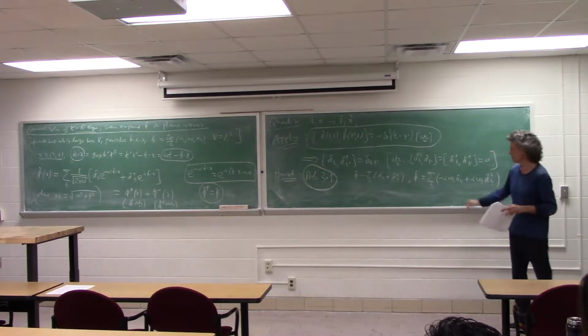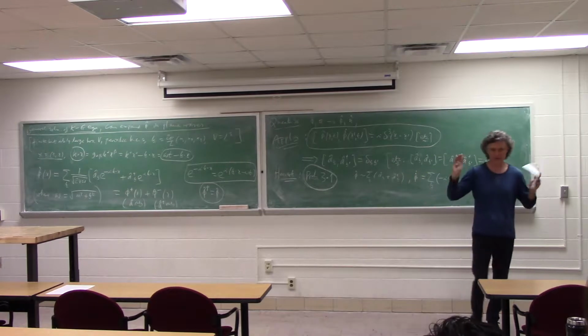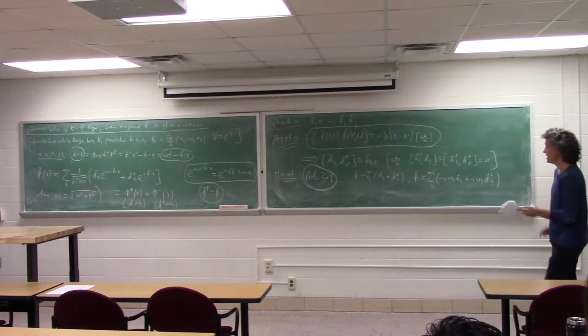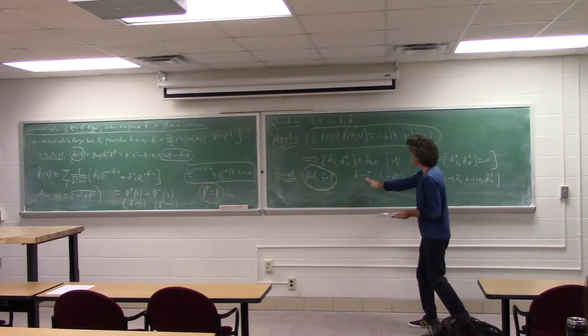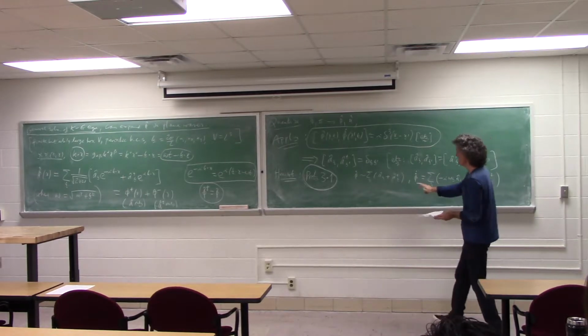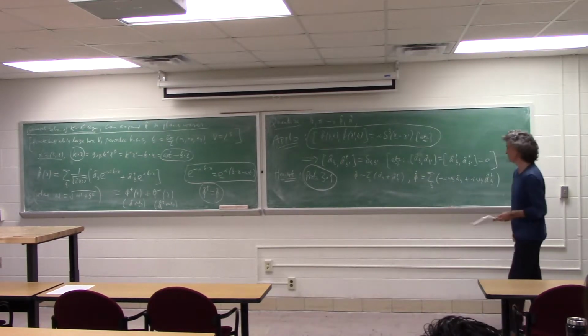You understand that there are factors in front and the exponential; I'm just giving you the schematic form. So you've got an expansion for phi and an expansion for phi dot in terms of A and A dagger.